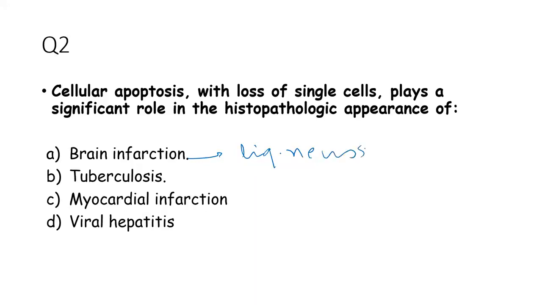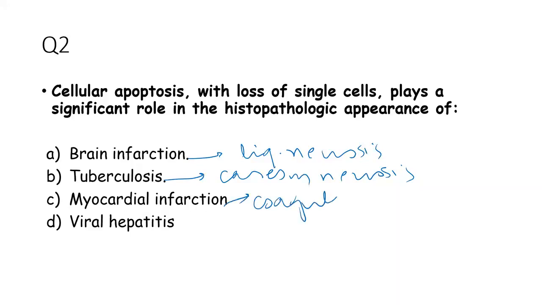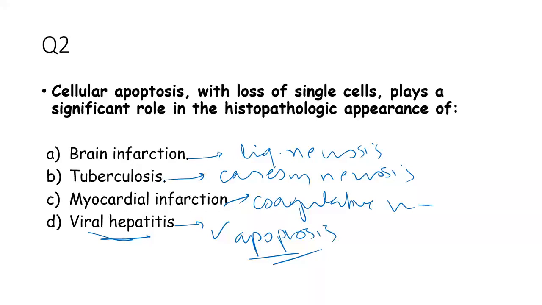Question 2. Cellular apoptosis with loss of single cells plays a significant role in the histopathologic appearance of brain infarction. Is this apoptosis or necrosis? This is liquefactive necrosis, if you remember. Tuberculosis, yes, this is caseous necrosis, not apoptosis.